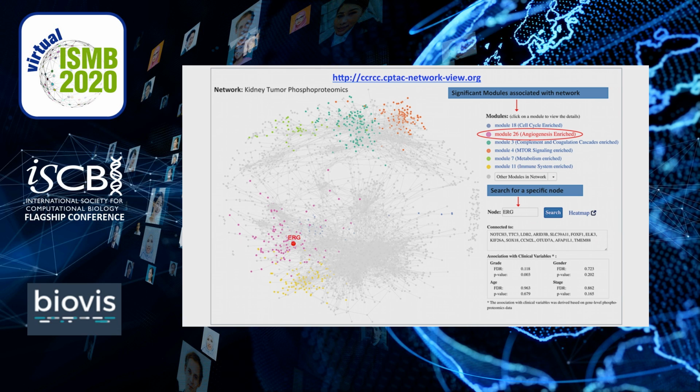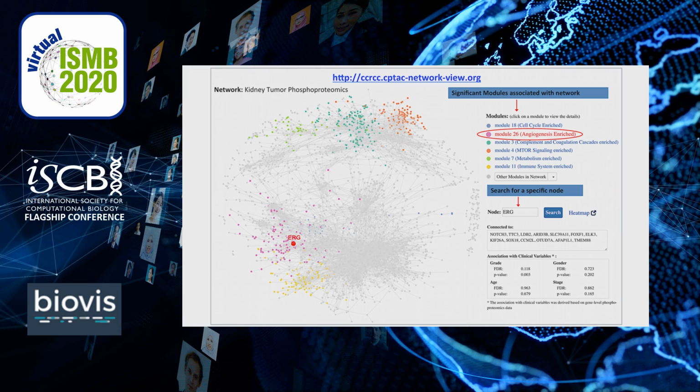Here you see a screenshot from the landing page of ProNetView-ccRCC. You see a 3D network view. You can rotate and zoom in and out of this network. On the right-hand side you see the modules listed, and below that you see a search box. Here you can search for a gene of interest such as ERG.